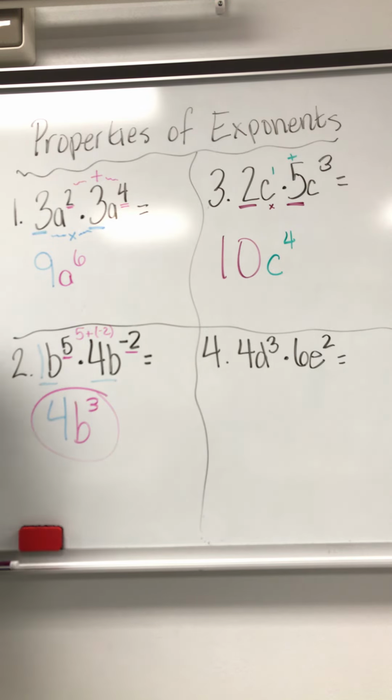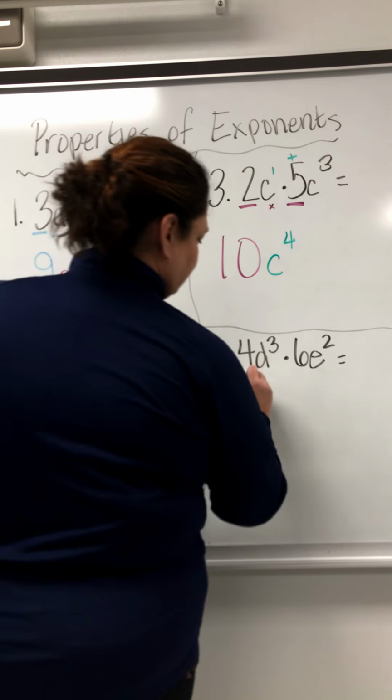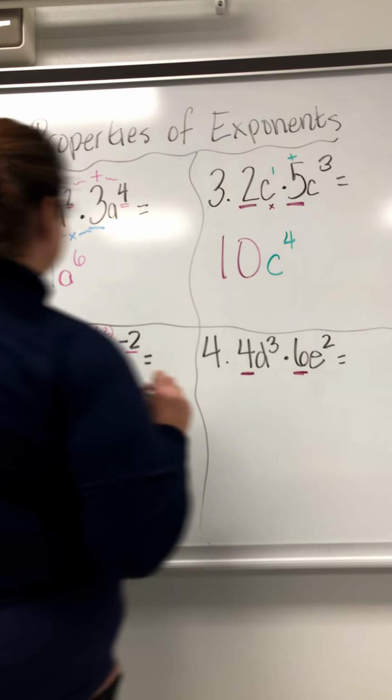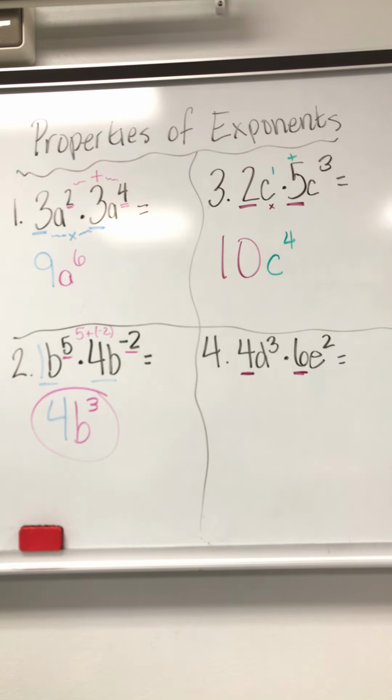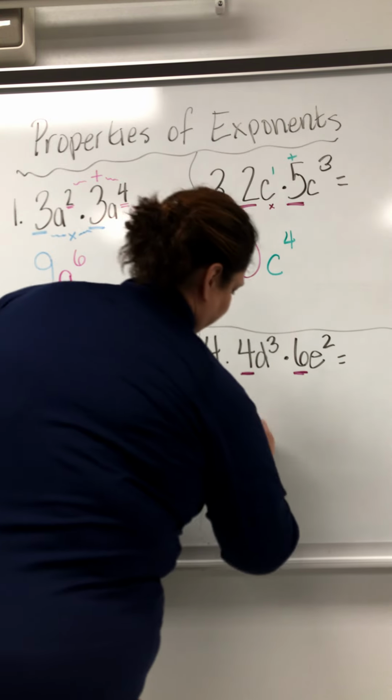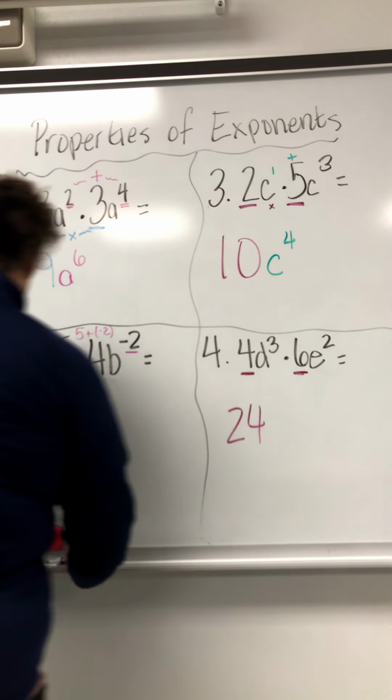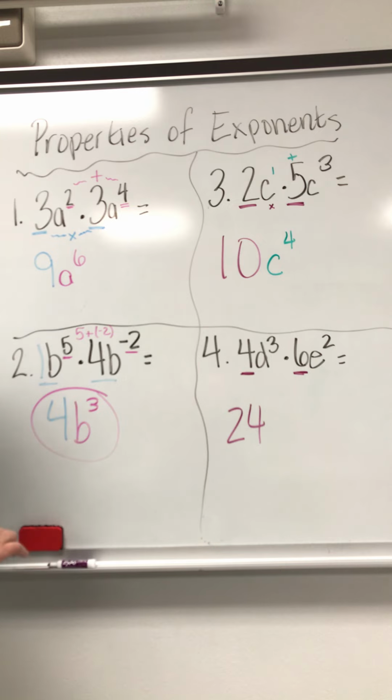All right, our final one, 4d cubed times 6d squared. No problems here. We have a 4 and we have a 6. We are going to multiply those together and we'll get 24. Then we'll take a look at our, oh goodness, we have a d and an e.